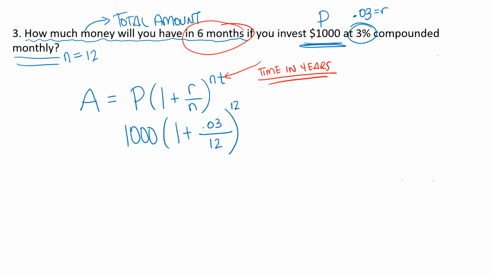So you have to figure out 6 months is half a year. So when I'm plugging in time in years, I need to plug in 0.5 as my T. So over here, I'm going to say 0.5. All right, and all of this is equal to my A. A is what I'm solving for. I think we've got a good setup. Go ahead and solve it.